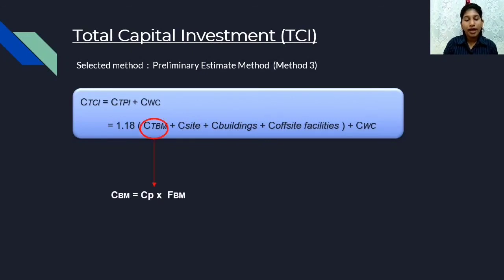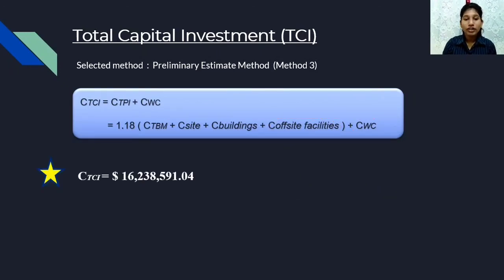The bare module cost was calculated by multiplying the bare module factor with the equipment cost. In this project, several estimations were made for the cost of offsite facilities and the working capital, and we estimate it is not a grass roots plant.